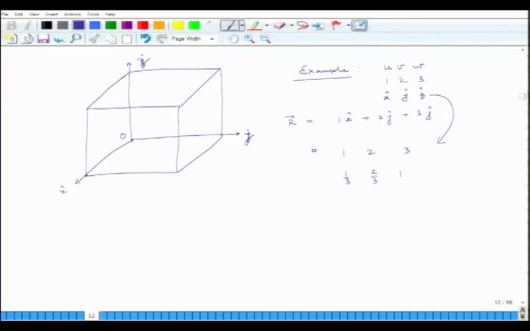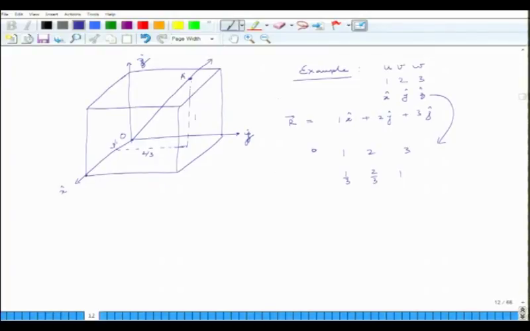So, what I now do is go 1 by 3rd in the x direction, 2 by 3 in the y direction, and somewhere along here, this will be coinciding with this point. Okay. So, this is 1/3, 2/3 and 1, and now you connect the end point.